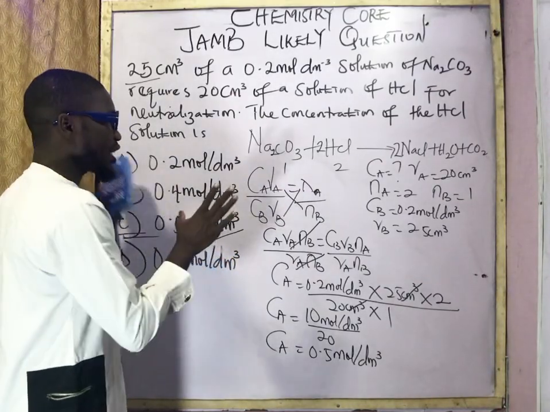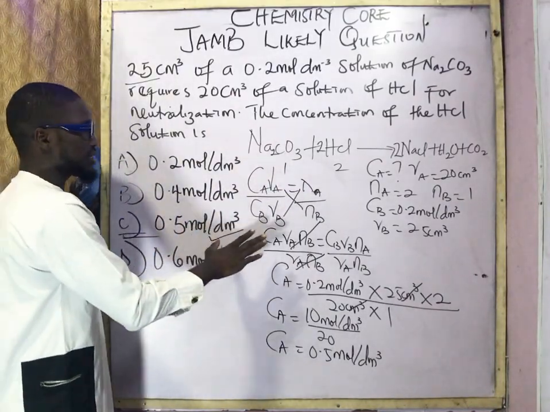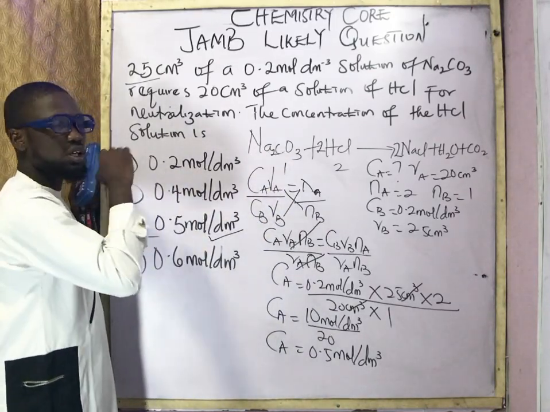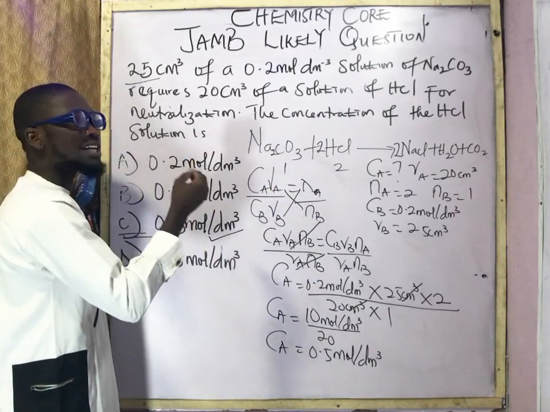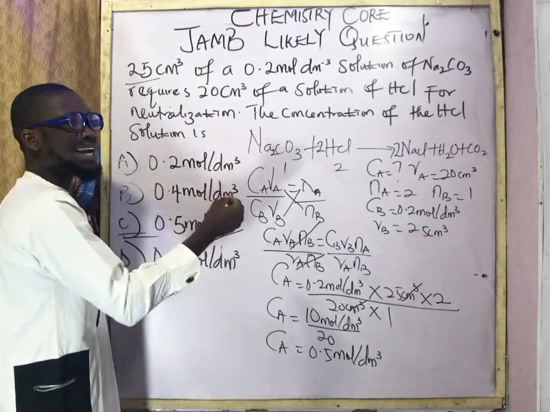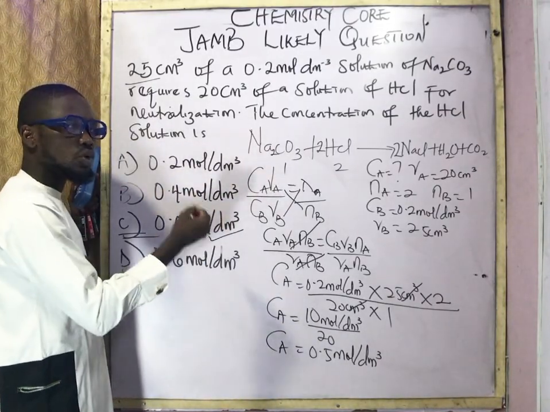So guys, if you have to solve a question like this, learn how to write the equation. And for you to know how to write the equation, you need to know the concept of balancing a chemical equation.